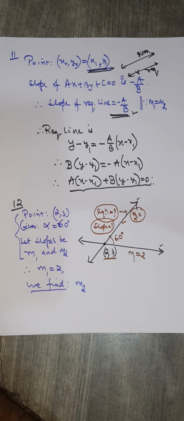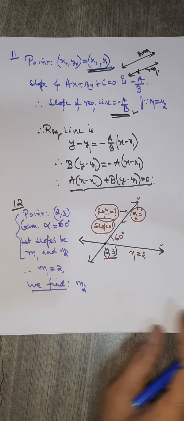So the slope is by that formula. Which formula? Tan alpha equals that formula. So that is what we want to do here. We'll start with the tan alpha formula. We just place the value of m1, so we'll get the value of m2.